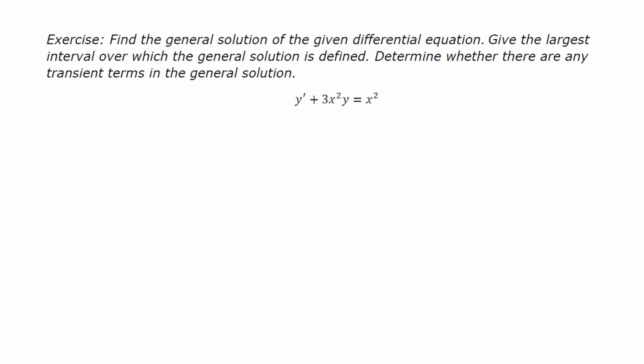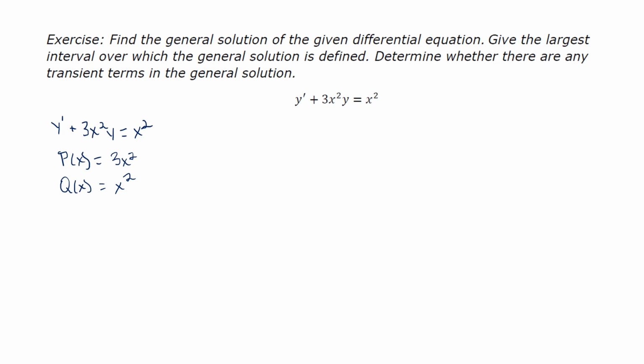So what we can do now is identify the p of x and q of x from our standard form. So we have y prime plus 3x squared y equals x squared. So our p of x will equal 3x squared. Our q of x will equal x squared.